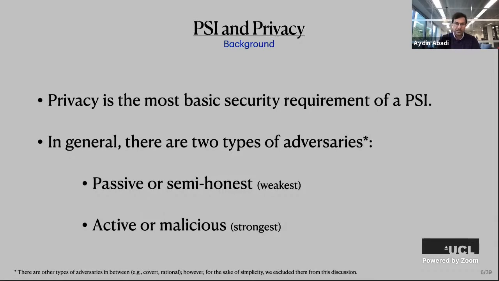In general, in cryptography, there are 2 types of adversaries: active and passive. Passive, or semi-honest, is the weakest adversary, and active, or malicious, is the strongest.